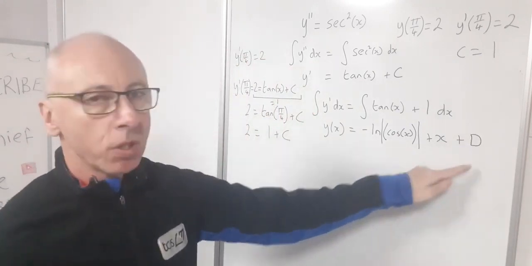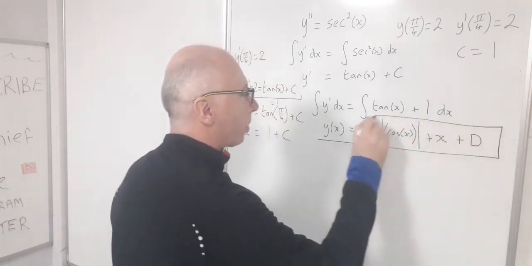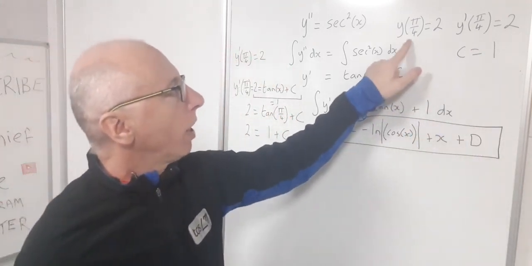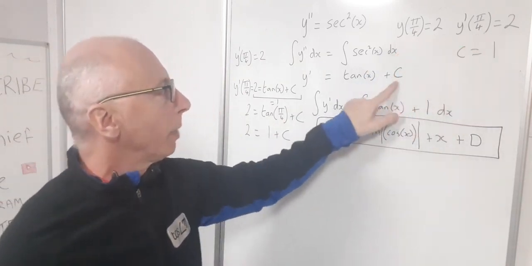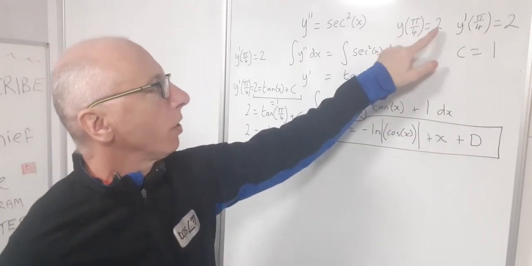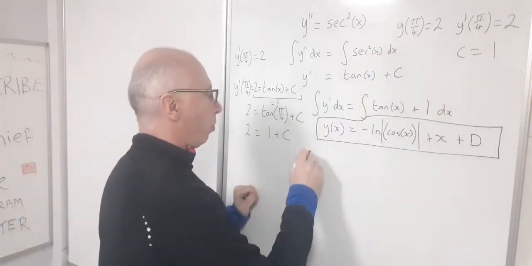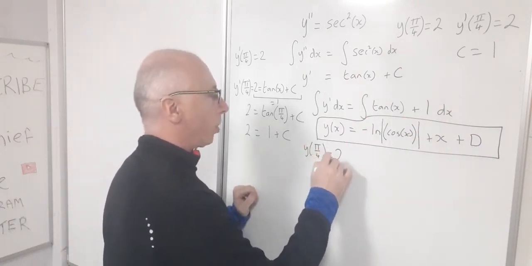Okay, so this is now what's called my general solution. But we have some conditions for this function that we can use. So y of pi over 4 equals 2. We've already used the derivative to give us our c from here. So now let's use this one to find our d. Okay, so y of pi over 4 equals 2.